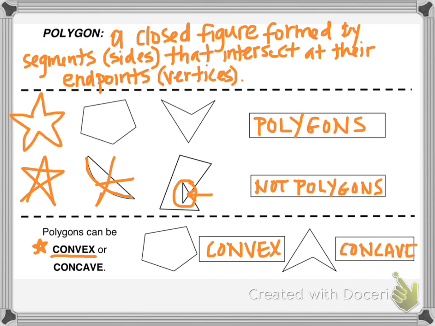And what makes it concave is that some of its interior angles are more than 180 degrees. So this angle right here is way more than 180. I also think of it as, it kind of looks like that vertex was pushed in. That's another way that I recognize concave. But we're not going to be dealing with these shapes. We're only going to be dealing with convex shapes in this class.